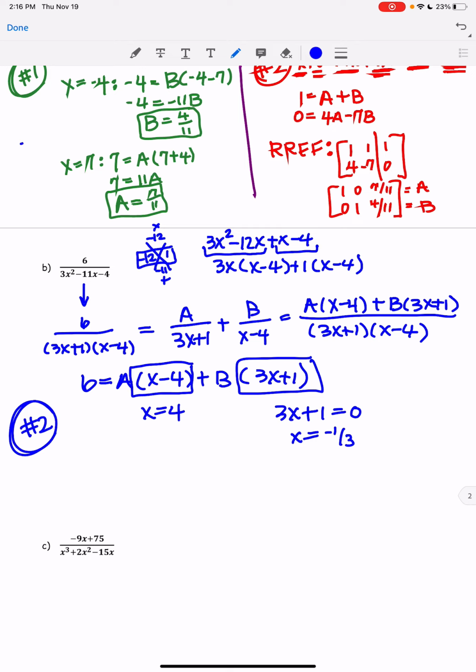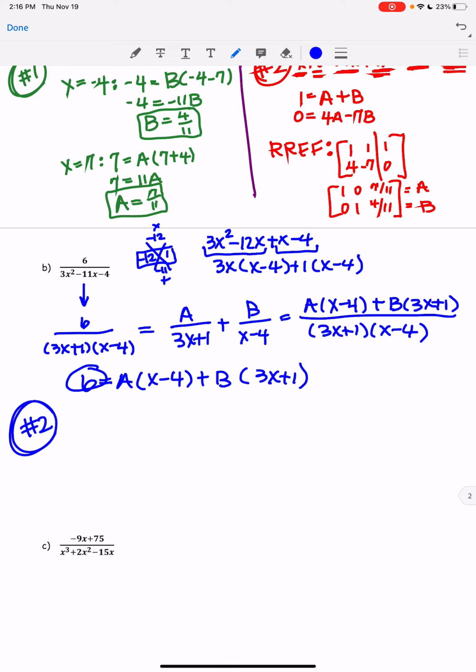Okay, that's how you would do it by these two methods here. But we're doing method 2. So this 6 is going to become 0x plus 6, just so I know what goes with my x.